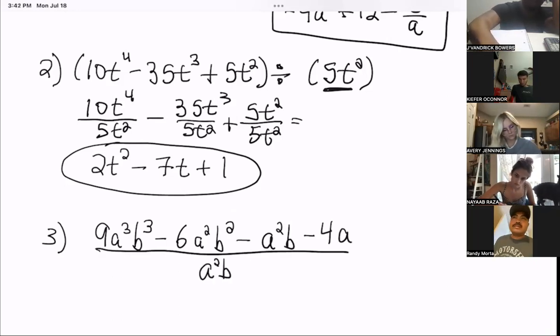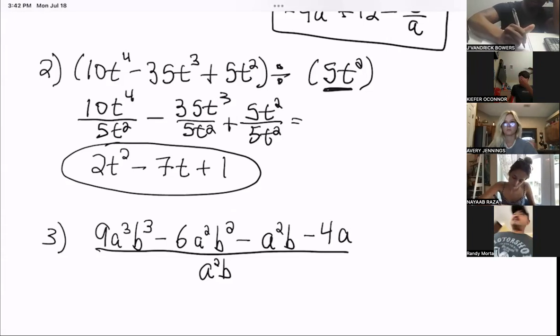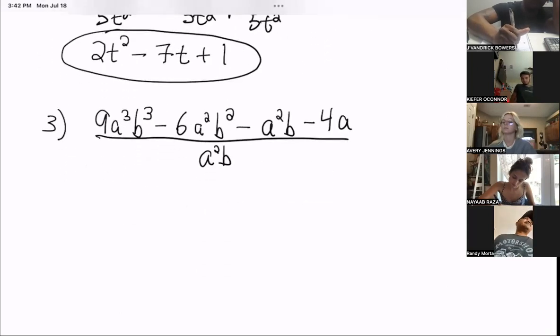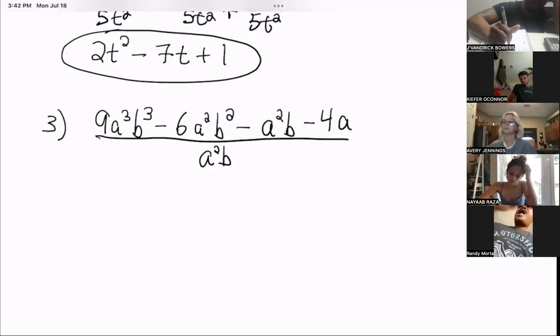I'll let you write that down. It's still a monomial. A squared b is one term. So we're going to divide each and every part by a squared b.